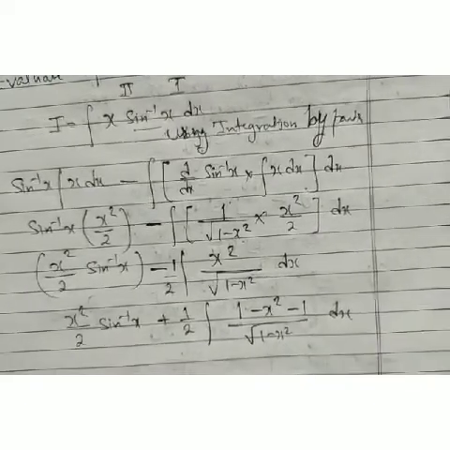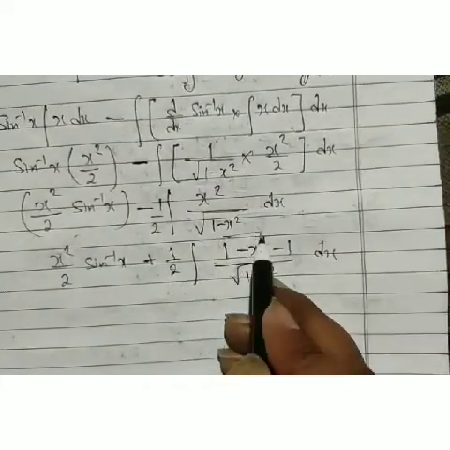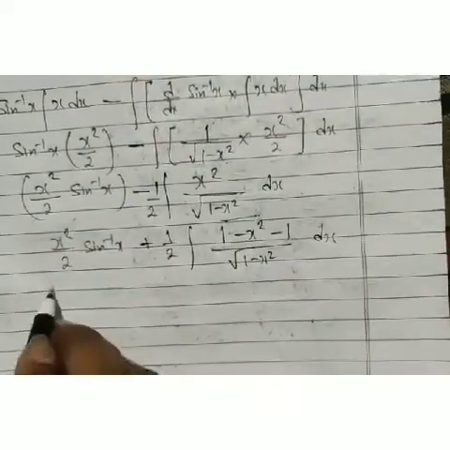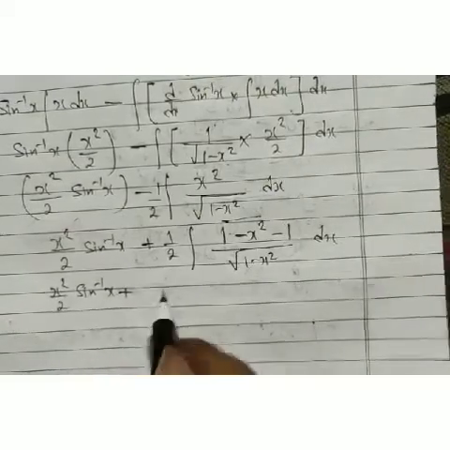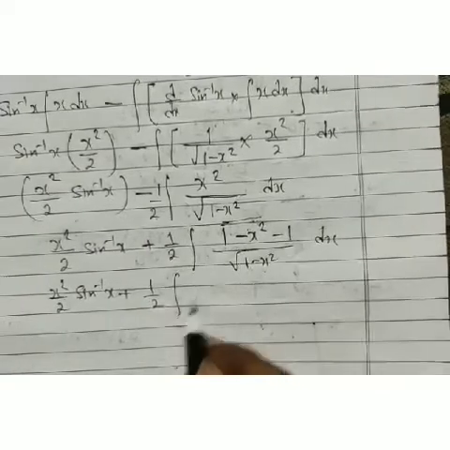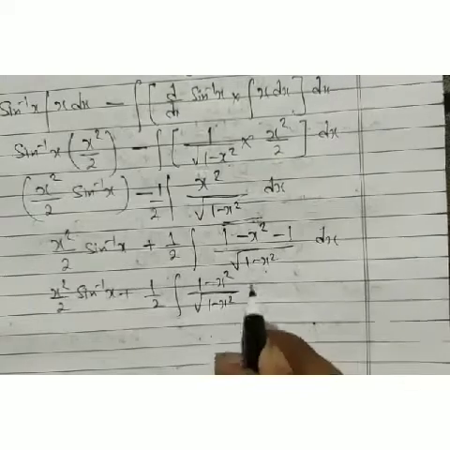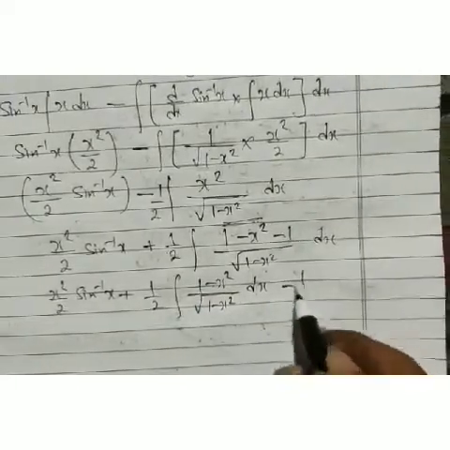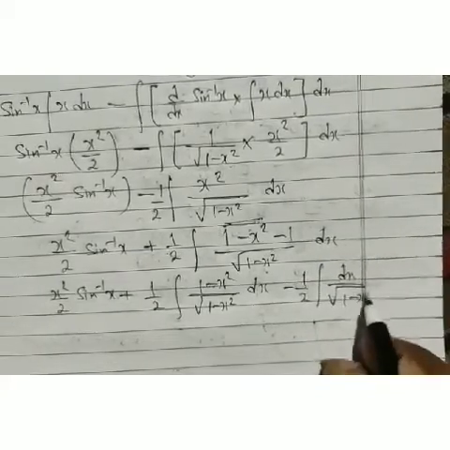Now we take a pair: we take this as one pair and take the rest separately. Now we have x square by 2 sine inverse x plus 1 by 2, integral of 1 minus x square upon under root 1 minus x square dx, and then minus 1 by 2 integral of dx upon under root 1 minus x square.